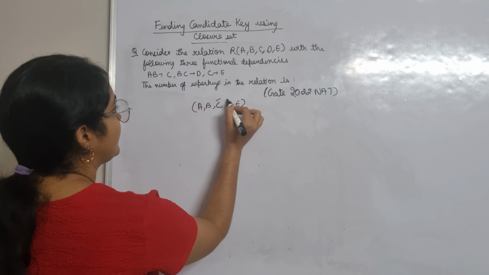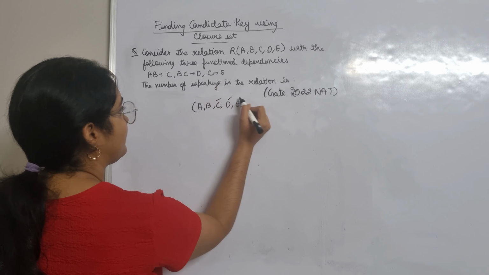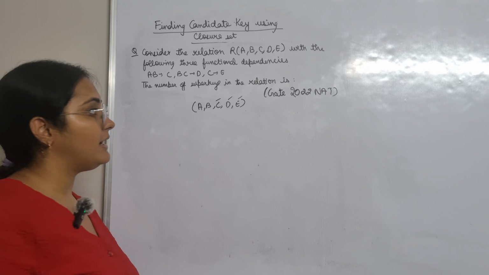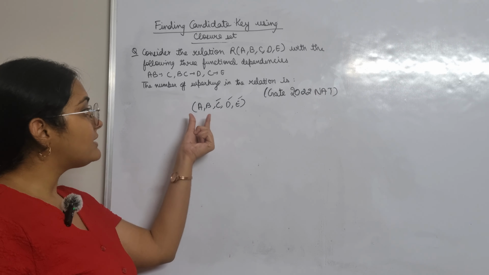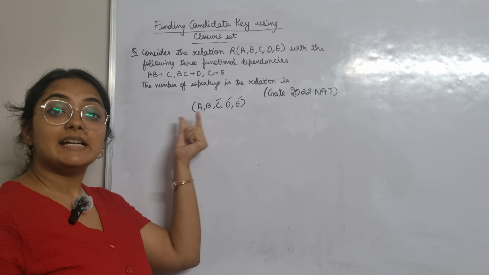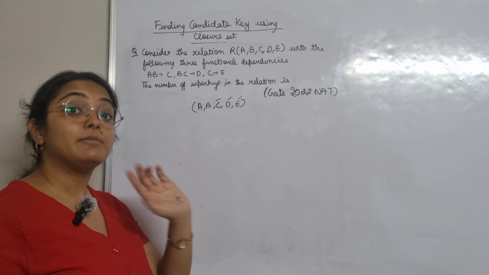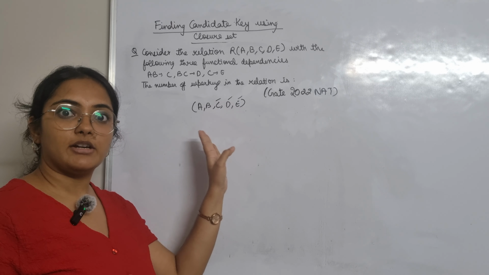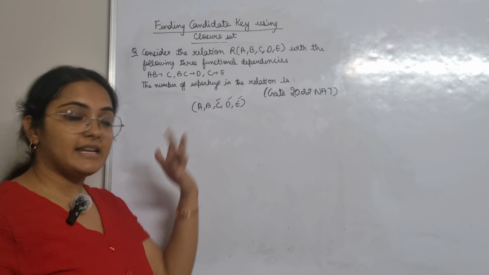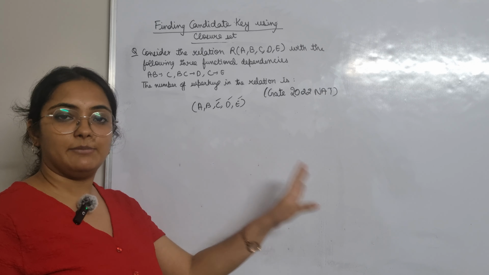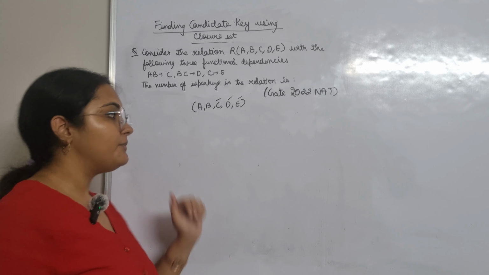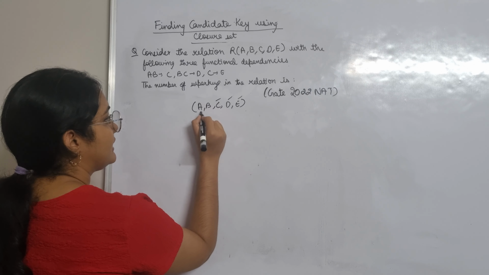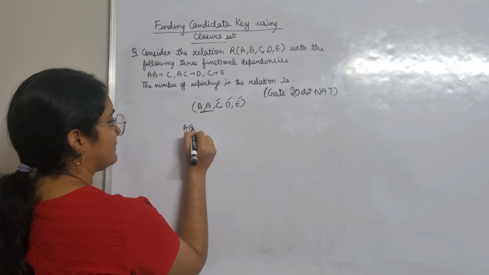D and E appear as the right hand side of some functional dependency. What does not appear is A and B, which means that A and B cannot be functionally determined by any set of attributes. So given any set of attributes, we cannot determine A and B unless they are present, so AB definitely needs to be included in the candidate key.